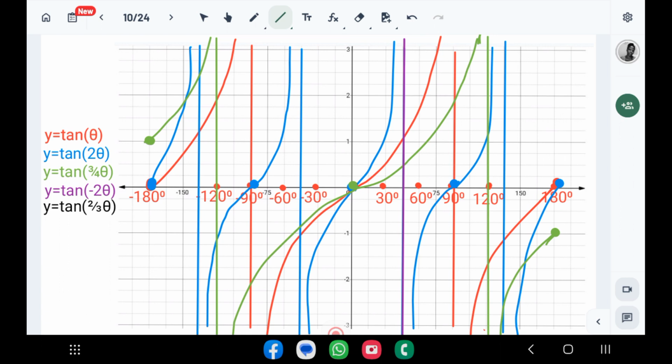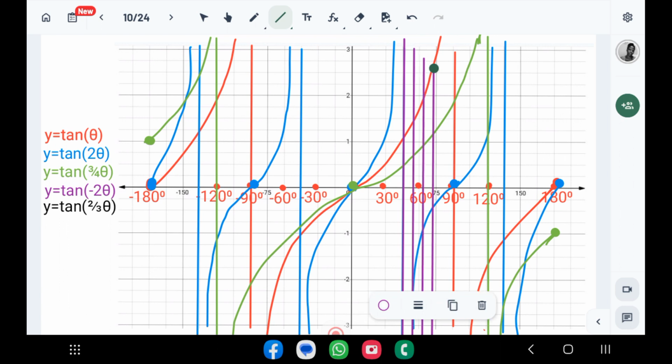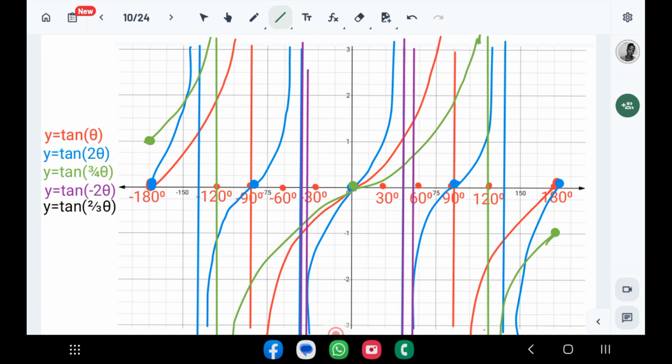Now duplicate. Okay, so here is the other one on the left hand side. Okay, and then we have another one on the left hand side, then another one on the right hand side there. Exactly where the blue asymptotes are.